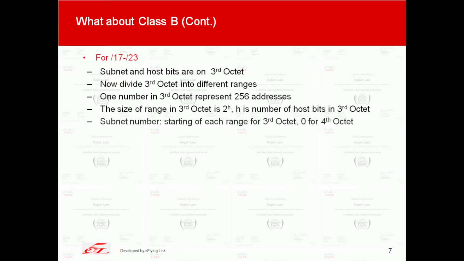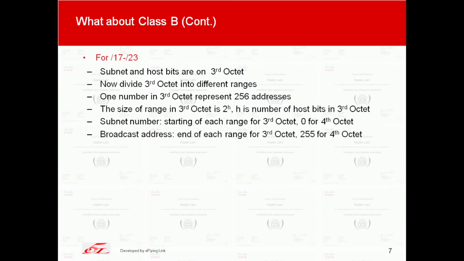Once you find out the range size, then the subnet numbers of the third octet will become the starting numbers of each range, just like the cases we discussed in class C. Those are the multiples of the size. And then for the fourth octet, it will be 0.